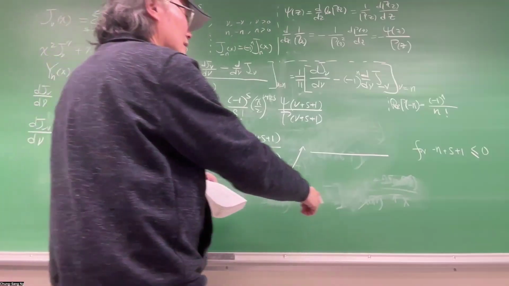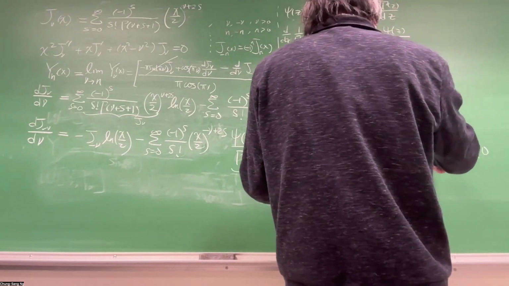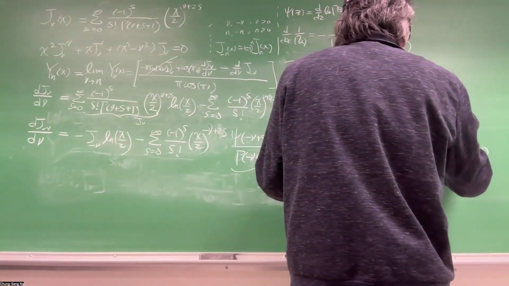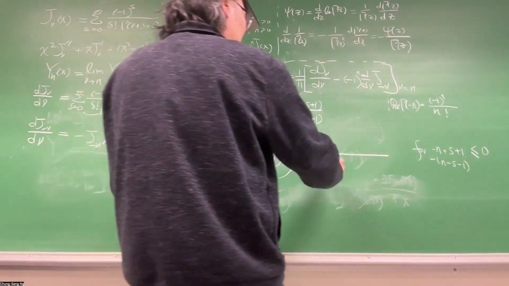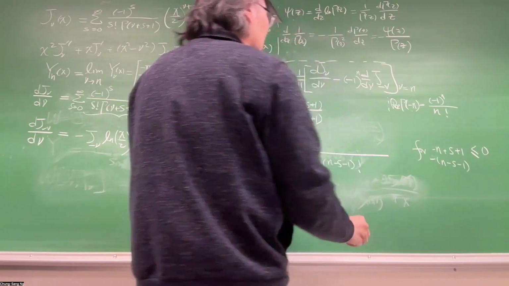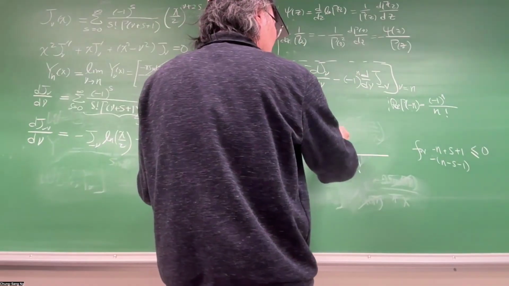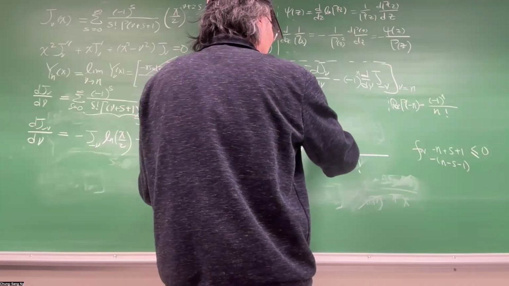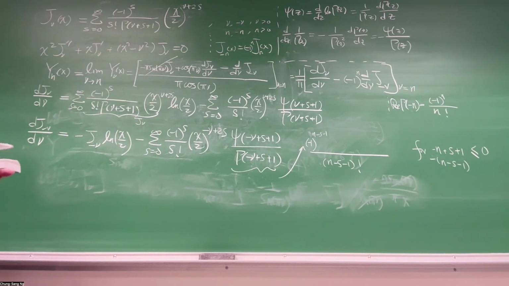We take the residue, and you compare with that the root of the gamma function is minus n minus s minus 1, right? So that becomes n minus s minus 1 factorial, and then minus 1 to the power of n minus s minus 1. So that's the residue of the gamma function.